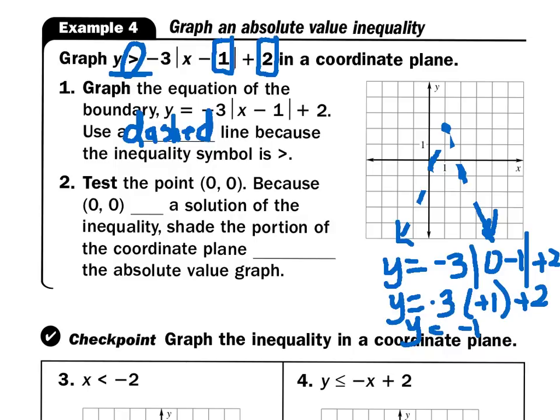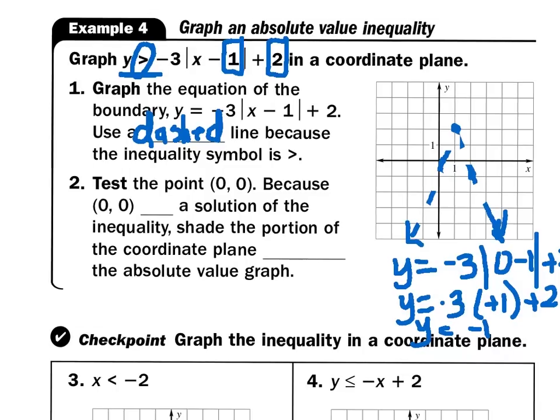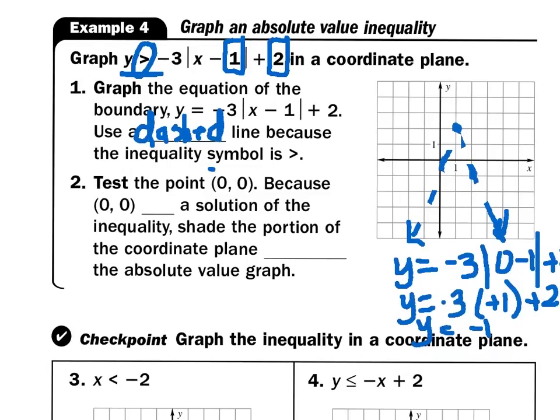But if I was graphing this on a test, I would say, maybe 0, 0 is on that line. So let me go ahead and pick another point that I know for sure is not on that boundary line. So how about negative 1, 0?